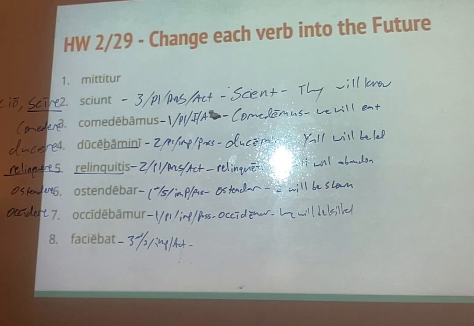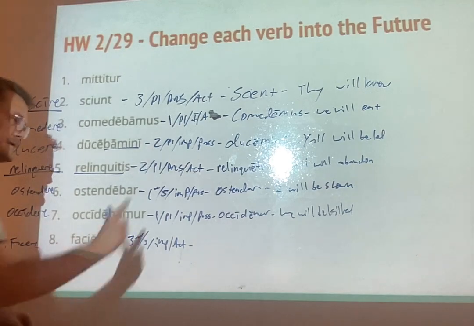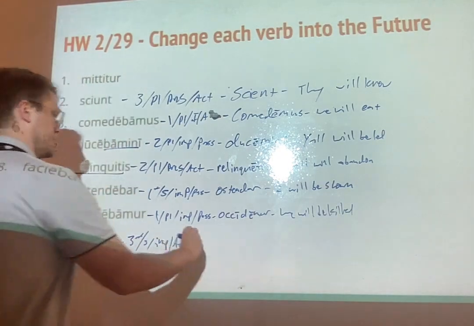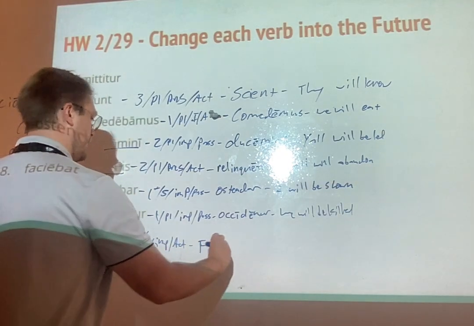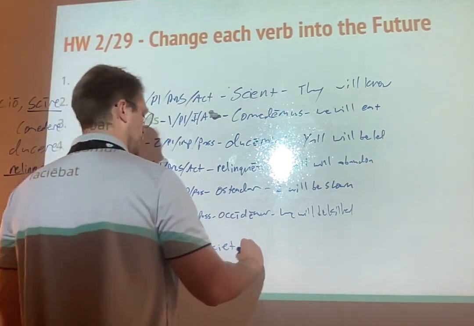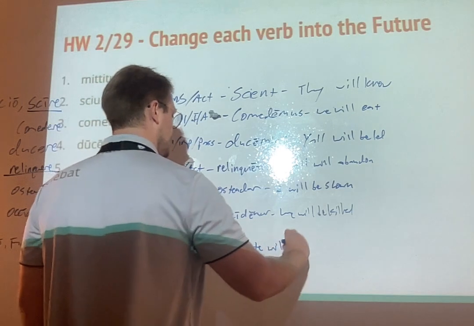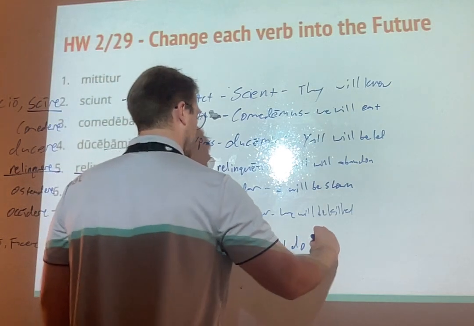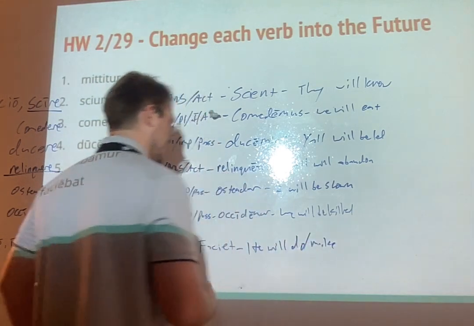So what's its first principal part? Faciō. So we've got that iō. It's third iō. So faciō, facere. It does the same thing as capiō, capere, because it's got that iō in the first principal part. So that's why there's an i before the ending. It's got to do the same thing here. So it's just going to be what? Faciet. Good. And that translates how? He will do, or make, or whatever. Either one is fine. Good, y'all.